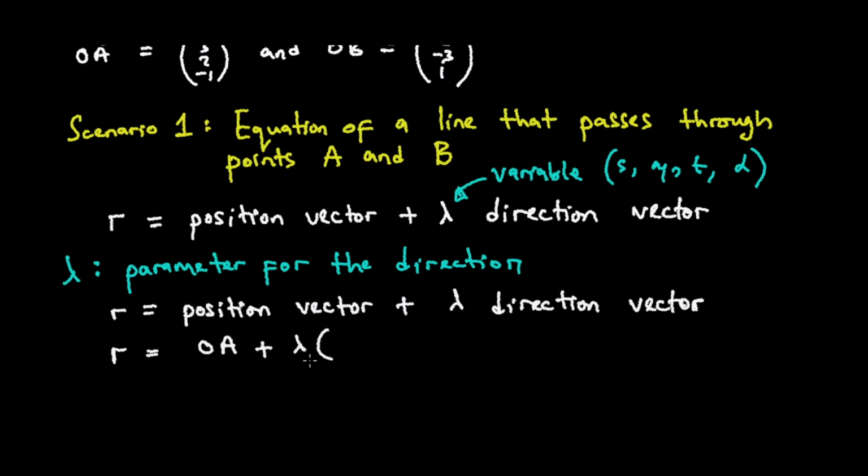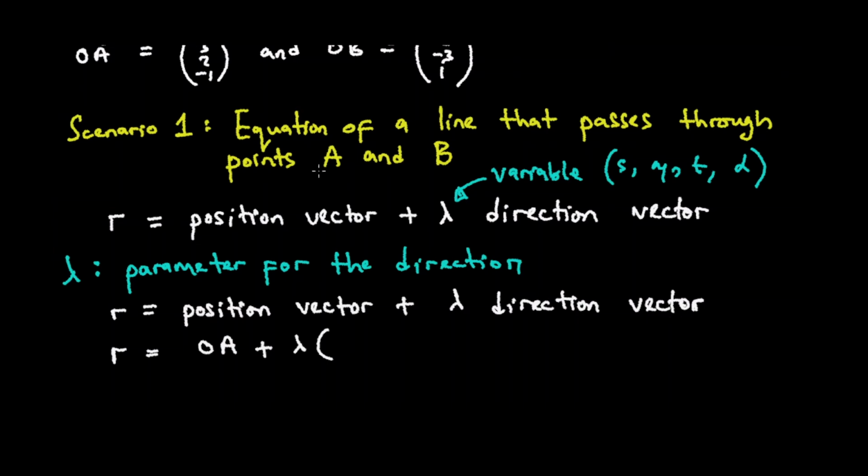Remember, lambda is more like a scalar multiplier, but we do not actually do the scalar multiplication. We are going to see what I mean. Then what about AB, the direction vector? A direction vector is a displacement vector which is used to describe any direction that is parallel to the line.